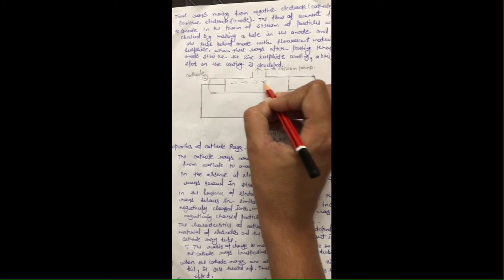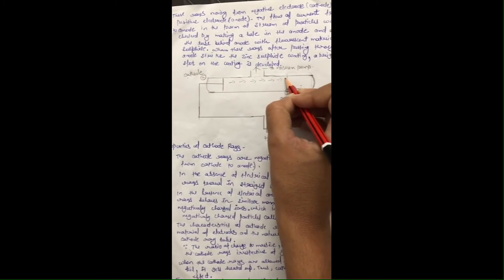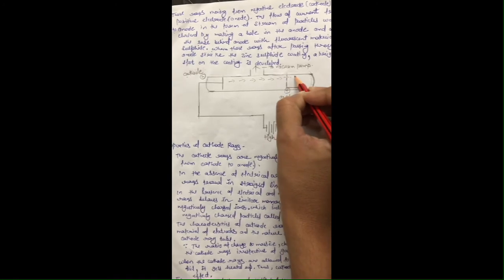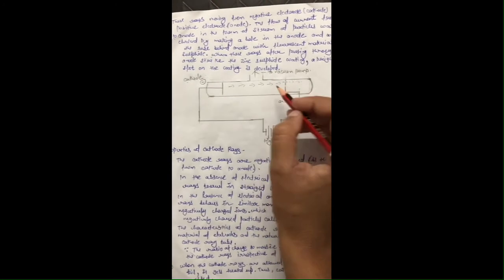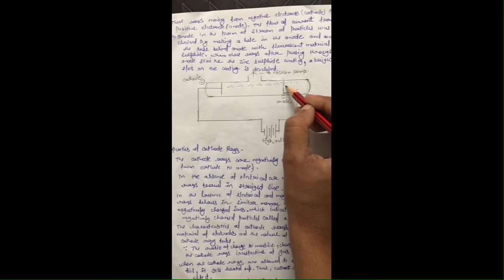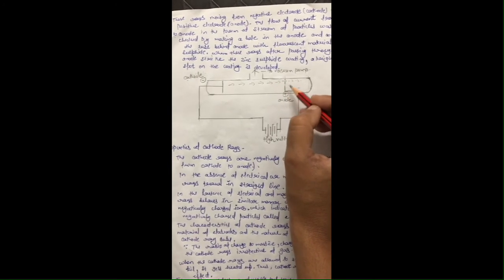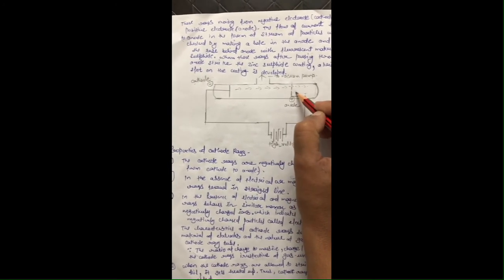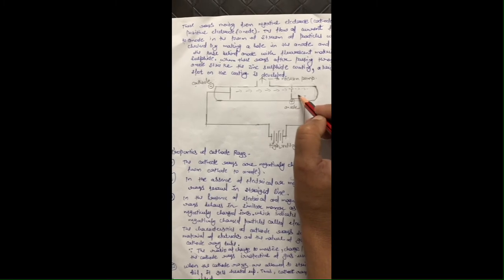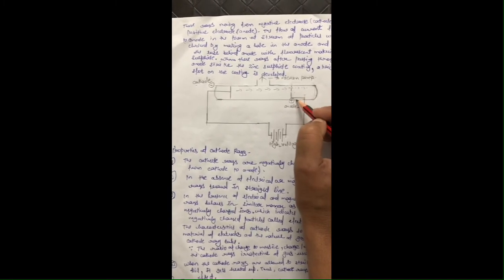So to check the flow of the current, some holes are created in the anode, the electrode we are using as anode.